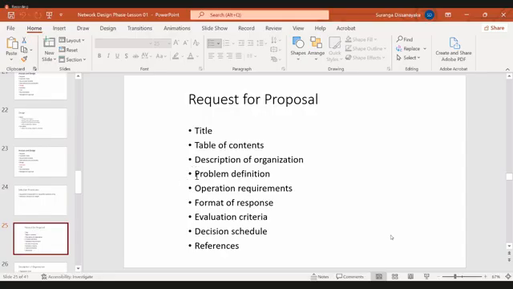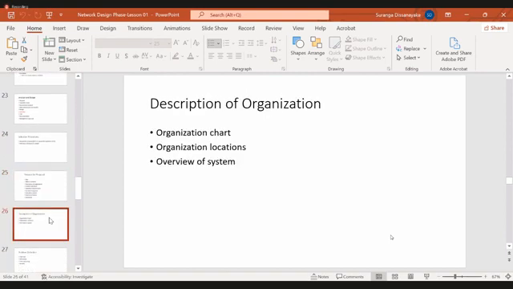They describe their issues, and they are expecting a solution for their issues. These are the major points. You guys don't need to memorize these things, just an overview. And also a description of the organization.